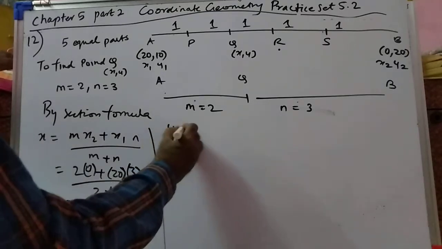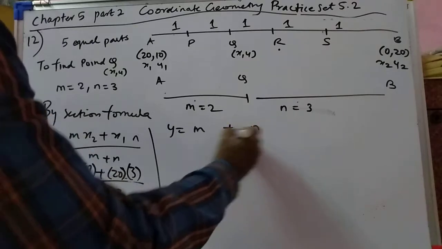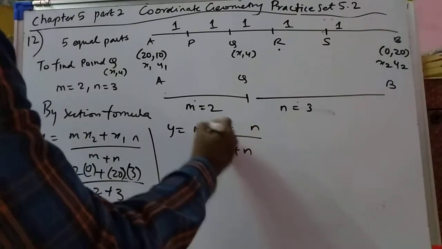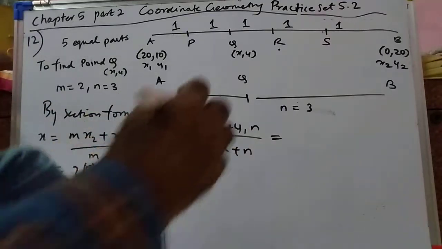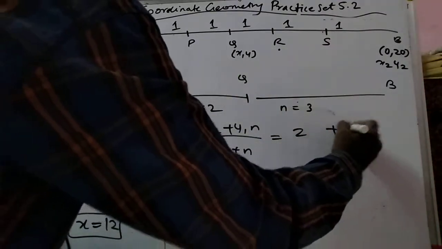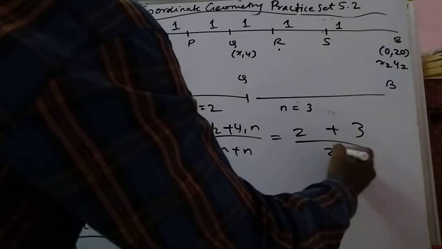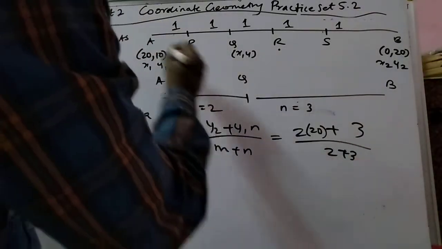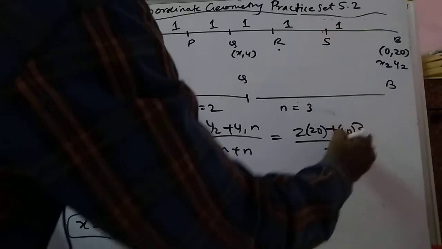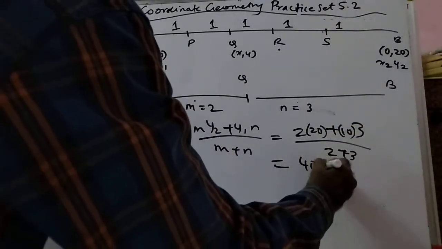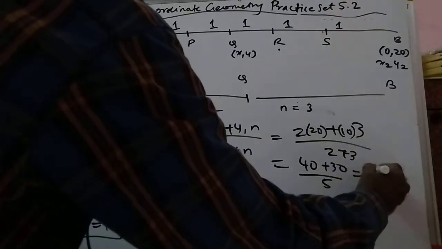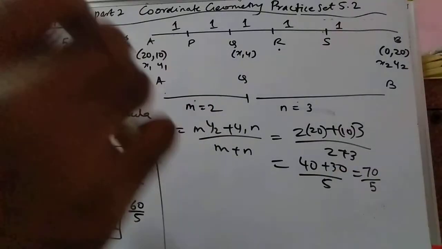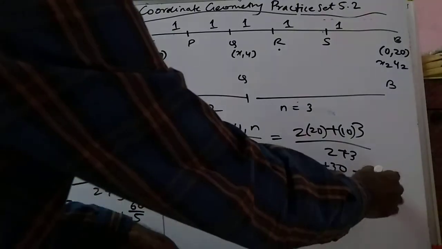Now let us calculate y. We have y2 is 20, y1 is 10, so 40 plus 30 upon 5, that is 70 upon 5, 14.